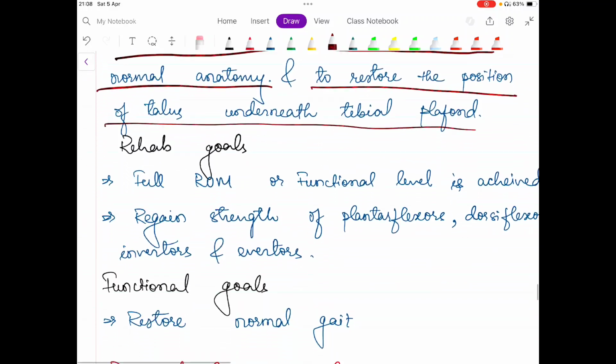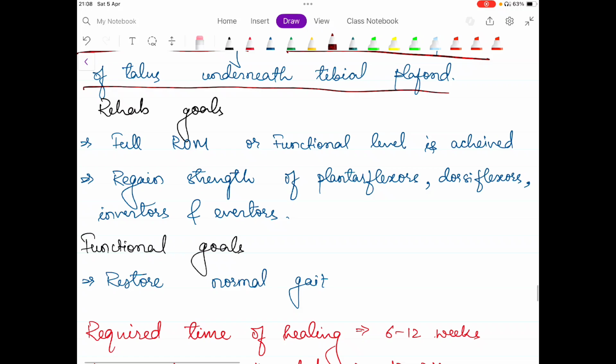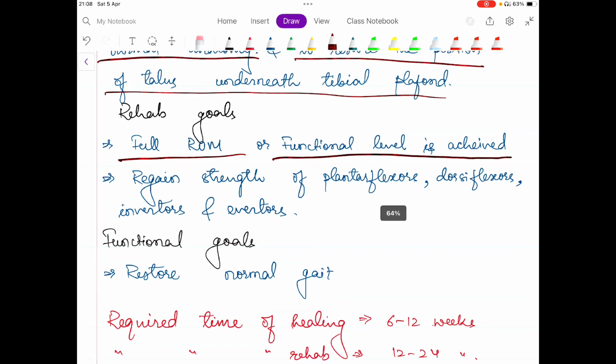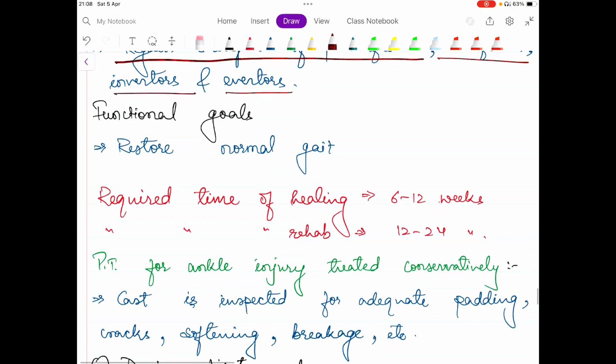In rehabilitation, the goal is to achieve full range of motion or a normal functional level. Along with that, to regain the strength of plantar flexors, dorsiflexors, inverters, and everters. The functional goal is to restore the normal gait so that the patient is able to walk normally.